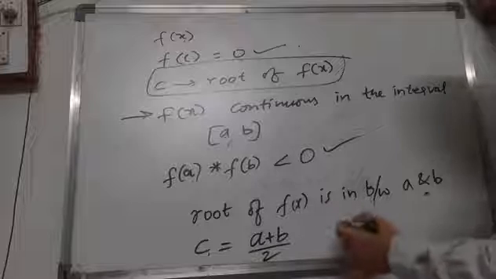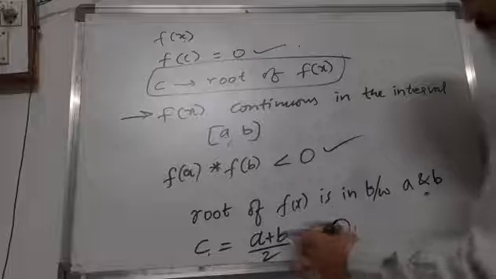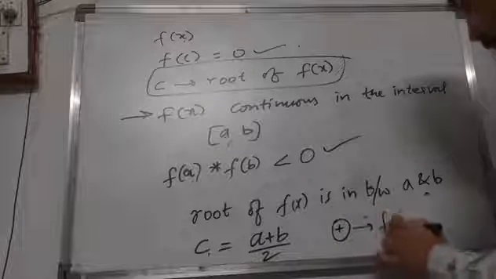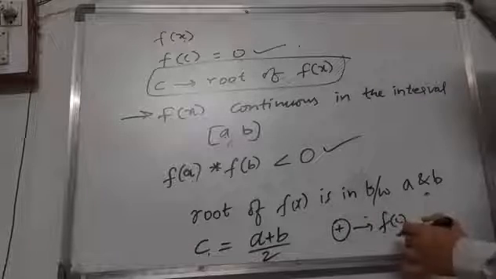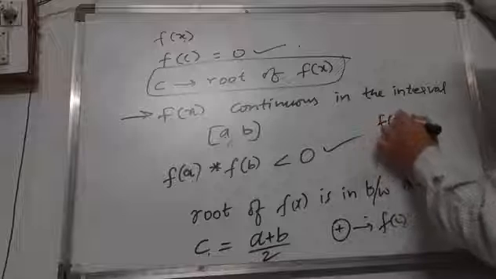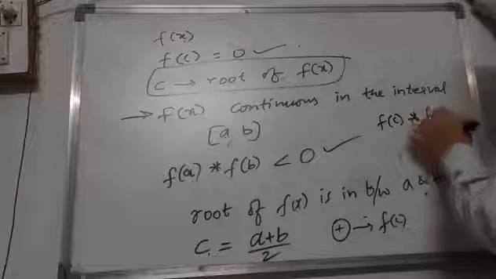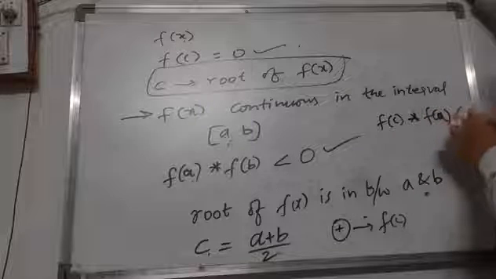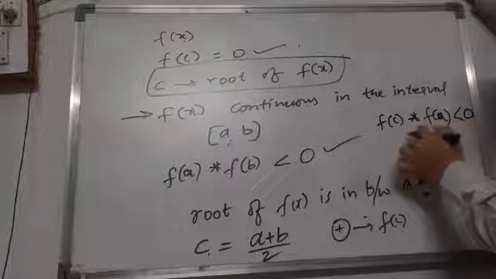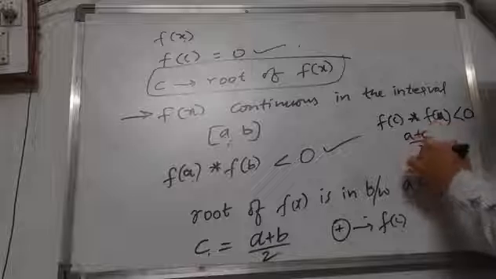If f of c is positive, then you multiply f of c into f of a. If you get a negative result, then you have to take the average of a and c.